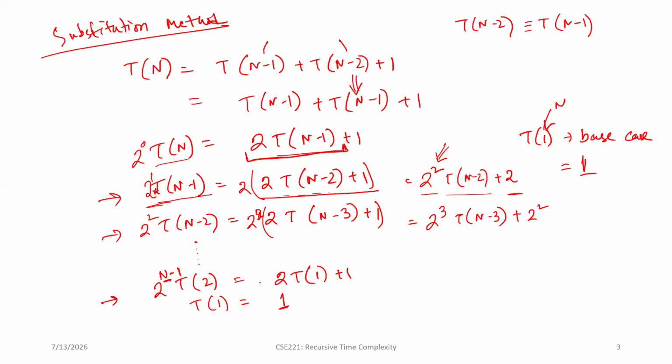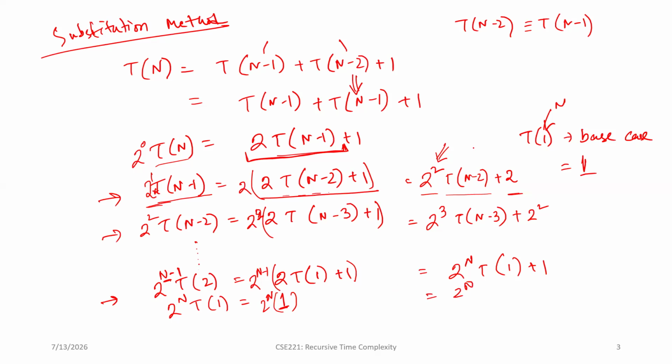So you can stop me anytime if you don't get it. So this will be multiplied by 2 to the n minus 1 becomes 2 to the n T of 1 plus 1. And then the very last line should have 2 to the n as a quotient. So this one will be multiplied by 2 to the n.